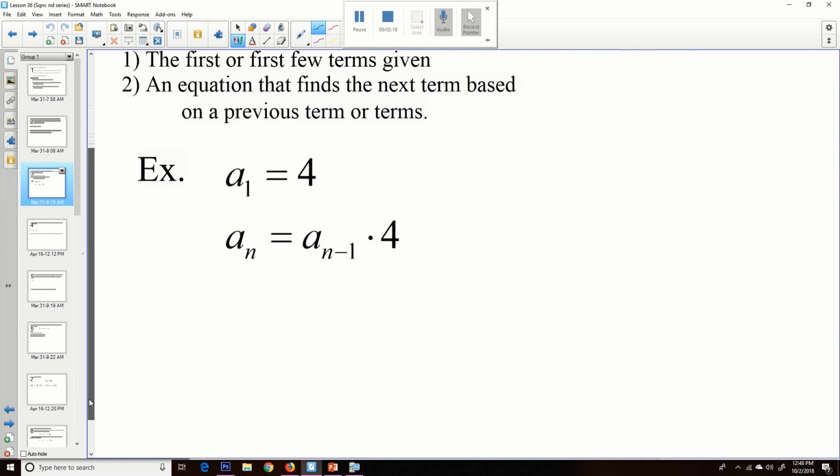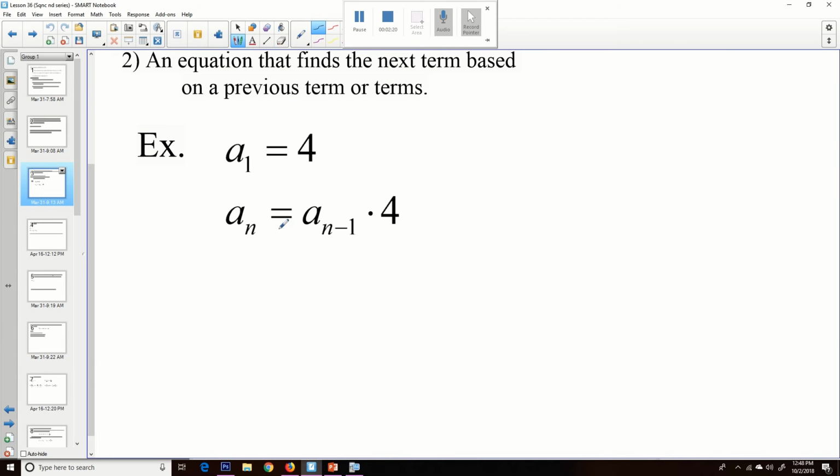And so if I were to say, find the first five terms in the sequence defined recursively, well, the good news is they already give us the first one. A sub 1 is the first term, and it's 4.